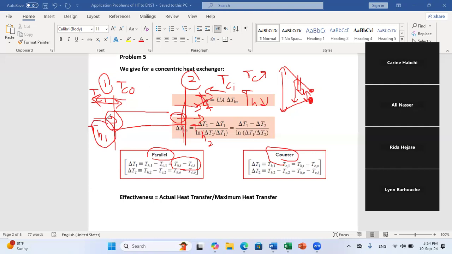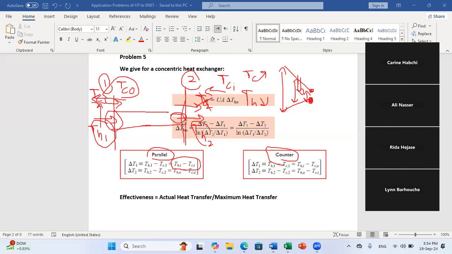you might have that the cold fluid temperature at outlet is larger than the hot fluid at outlet, because here the condition to maintain heat transfer is to have T hot larger than T cold, but T hot at inlet. So T hot at inlet is larger than T cold outlet, but this does not require that T cold out should be smaller than T hot out.